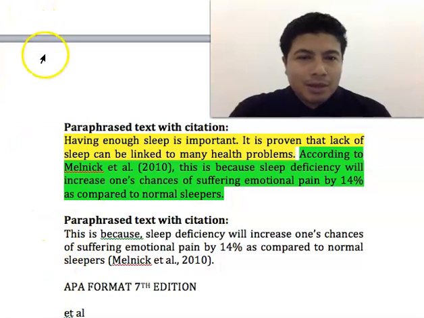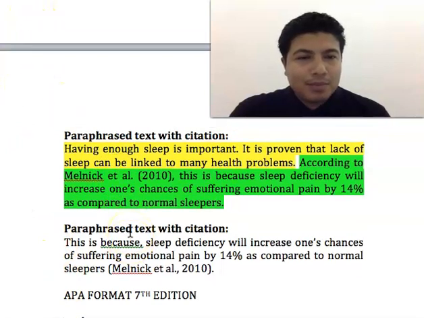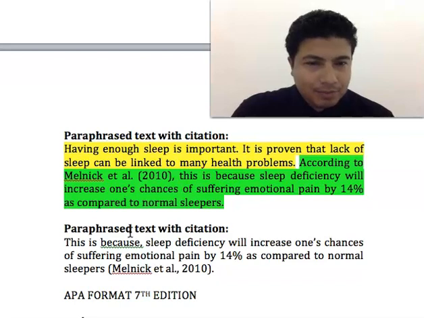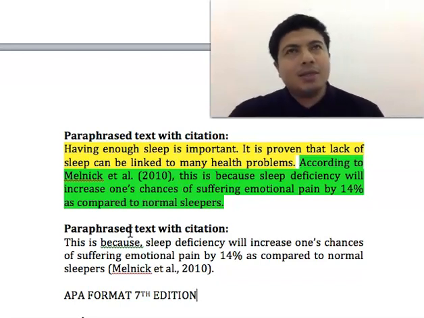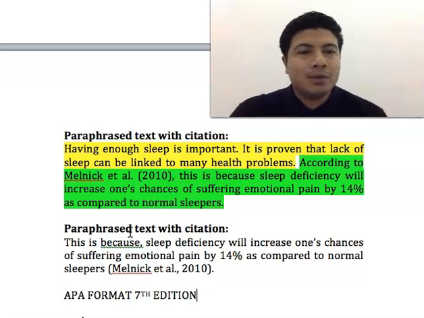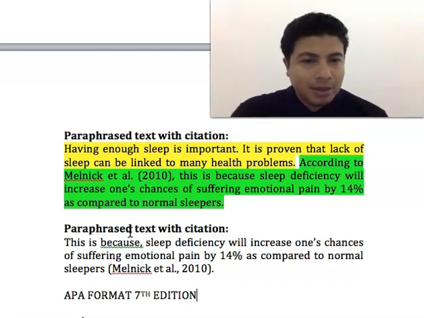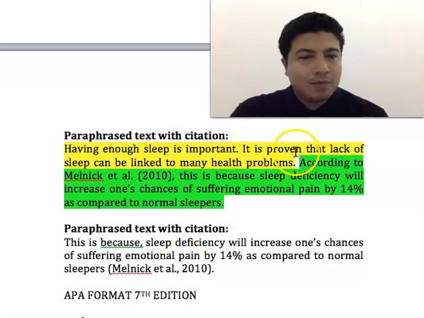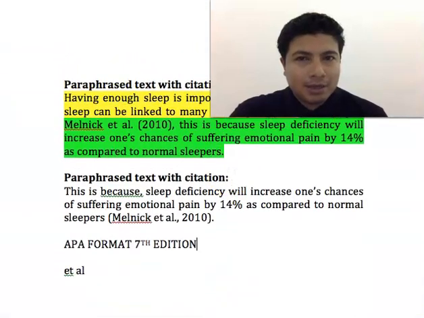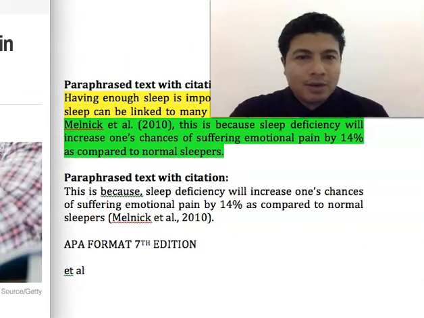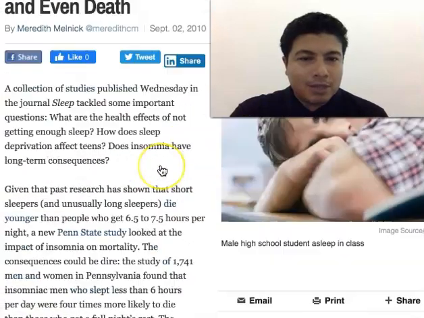Next, quotation. It is not encouraged, but let's say you want to cite but you do not want to change anything. For example, having enough sleep is important. It is proven that lack of sleep can be linked to many health problems. So this is your point. And then you want to take from the internet exactly, without changing anything.